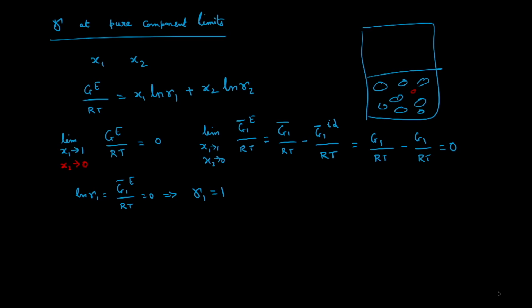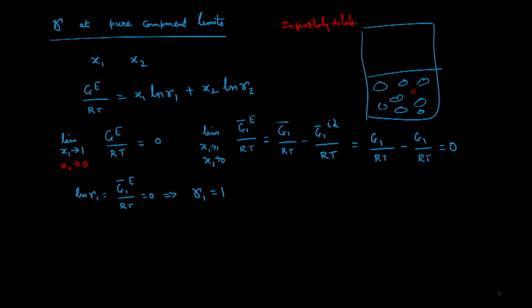Now, what happens to the activity coefficient of the other species, 2, at this particular limit? Recall that at this limit, we said that it is the limit of pure component 1 or infinitely dilute 2. 2 is in such a small quantity that we call it infinitely dilute.